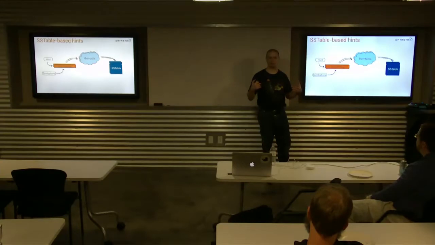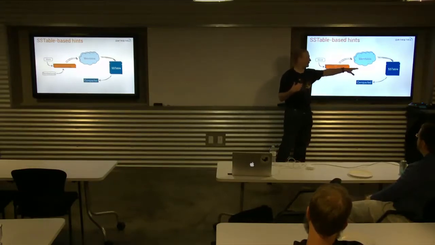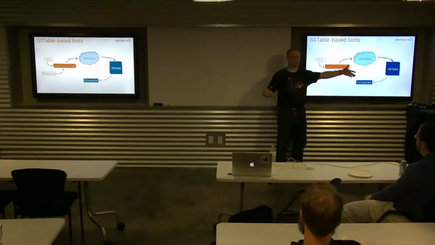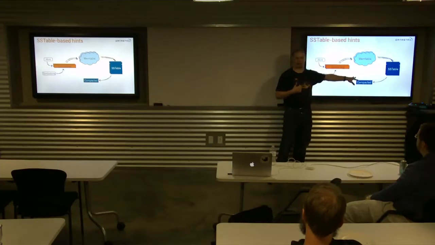And then there's even more, because we need to compact those SSTables to reclaim the space that the hints were taking. Basically we compact all the hints once we complete a handoff to a given replica. So if I have multiple replicas that I've been generating hints for, then my write amplification goes through the roof, because I'm rewriting all the hints that I haven't delivered yet when I do that compaction.